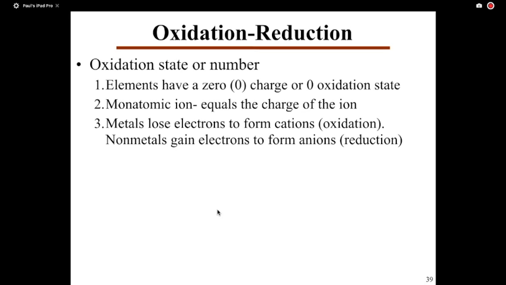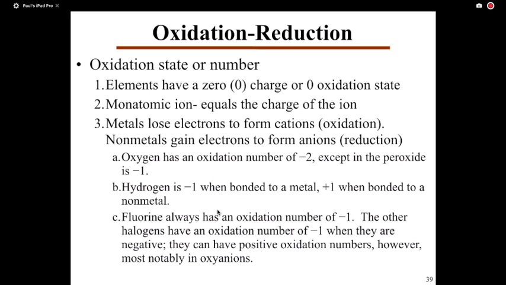Okay. Now we're going to get into some tricky stuff. All right. If you have to predict things, oxygen becomes a minus 2 the majority of the time. Okay? There is an exception with peroxide. We see peroxide very rarely, but if you have to predict something, oxygen is most likely going to be a -2. Hydrogen, if it is bound to a metal, becomes a -1. That's very rare.